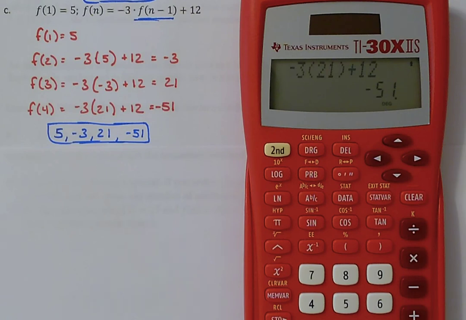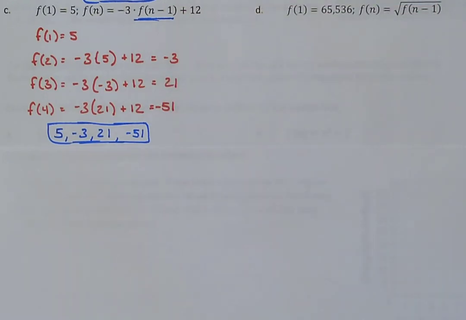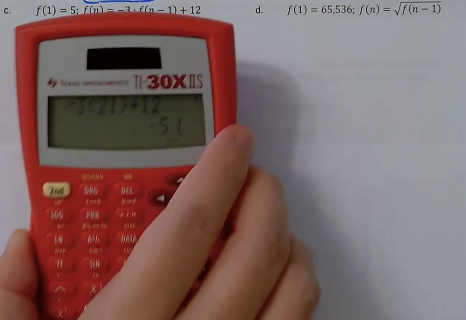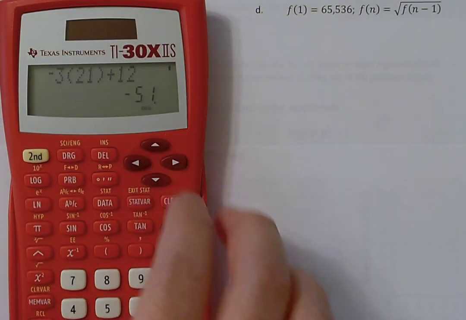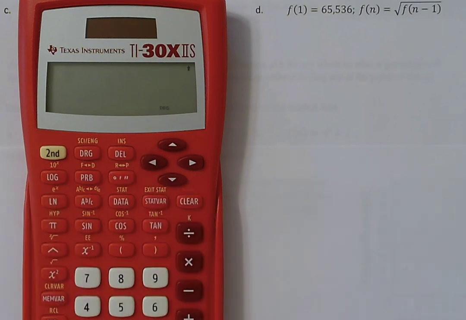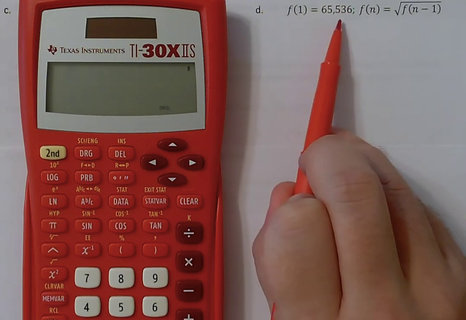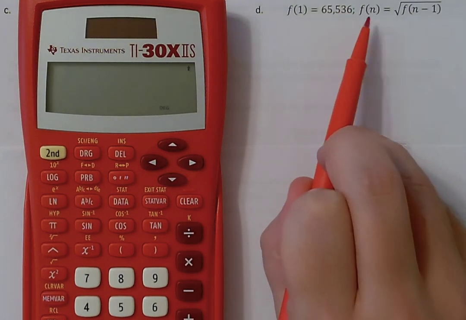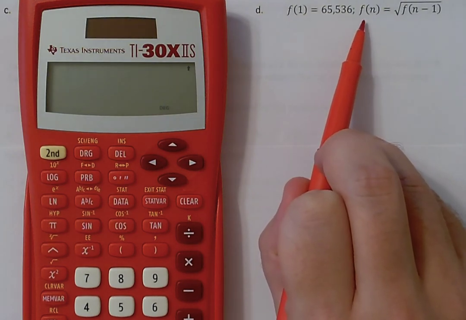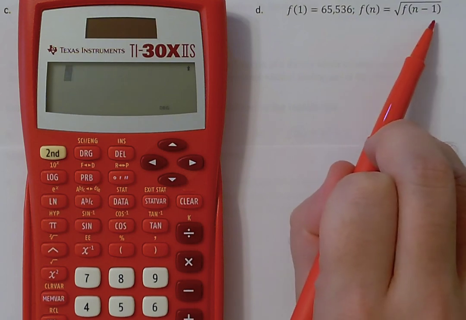All right, now before I jump on to example 3, I do want to talk about D, just because it looks weird and because it feels weird, because it has a square root. It's helpful to see this one done, so you have an example of it. So for part D, we have f of 1 equals 65,536, and our sequence is f of n equals the square root of f of n minus 1.